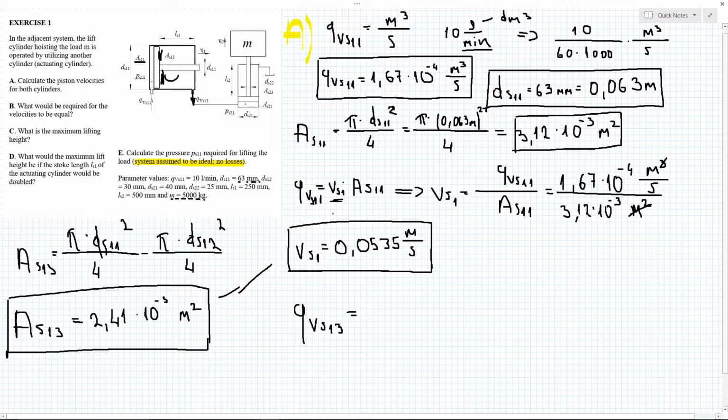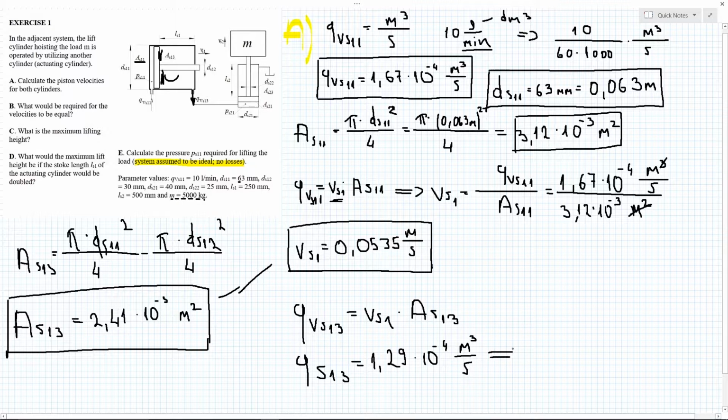We said that flow is velocity, so we already have velocity here, velocity times the area of the back of the piston, and that's going to be 1.29 times 10 to the minus 4 meters cubed per second.